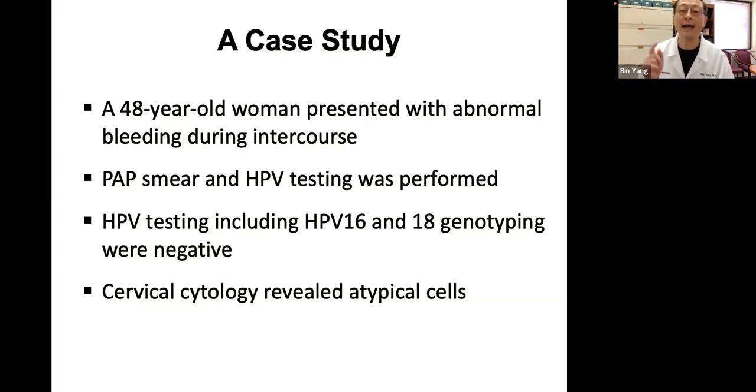But if you look at Kaiser Permanente data, for AGC calls, on HPV testing and follow-up, the rate of significant disease is only 10%. So 90% of what we call AGC is nothing or benign.